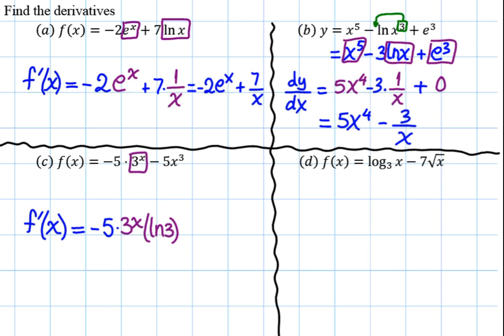Right. And then next, 5x cubed. That's just a power rule. We can just say x cubed, the derivative of x cubed is 3x squared. And then the negative 5 times will stay. And then to rewrite this, we have negative 5 times 3 to the x power times ln of 3.